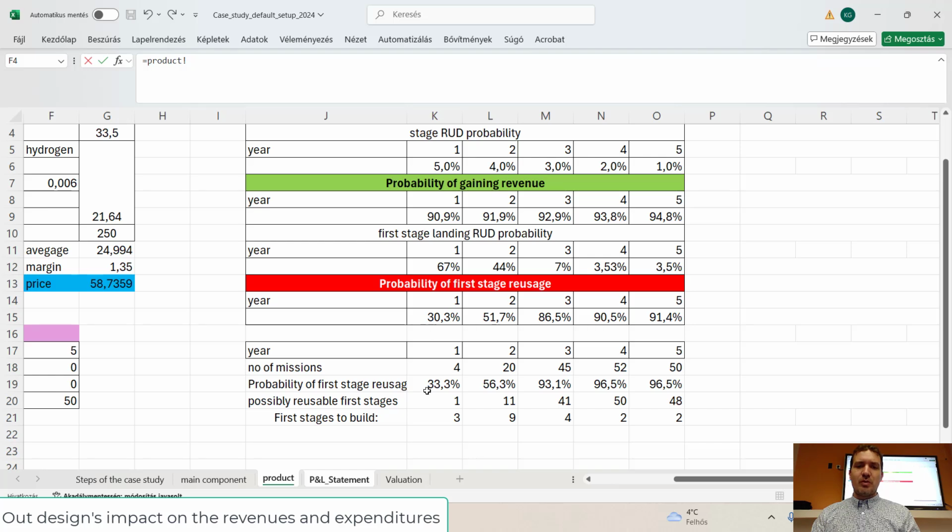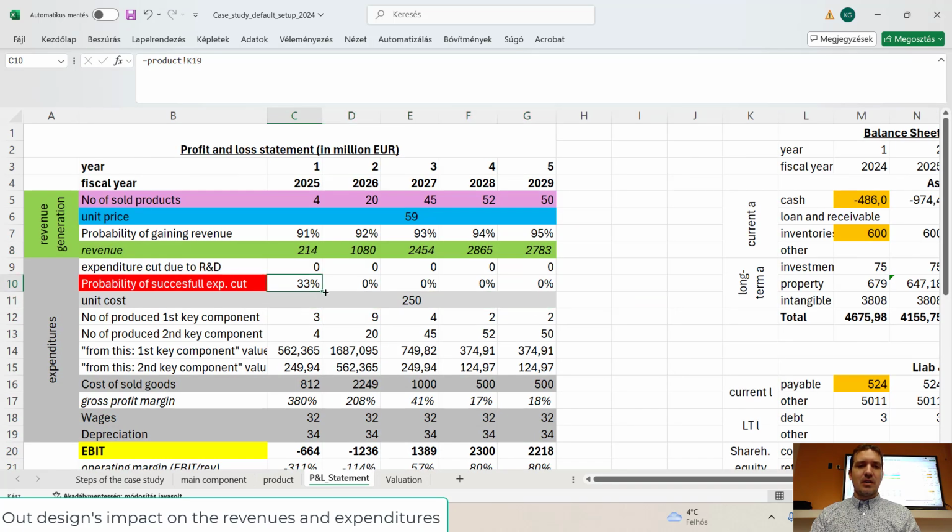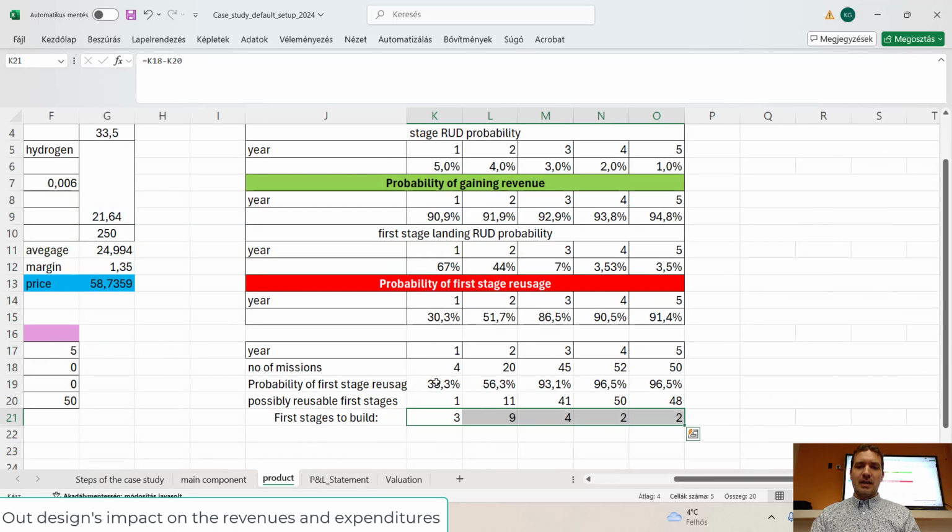So, probability of first stage reusage. This one, because not just reusage but also success of the launch must be accounted for. So that's why this line must be copied. Because again, this one is the same.